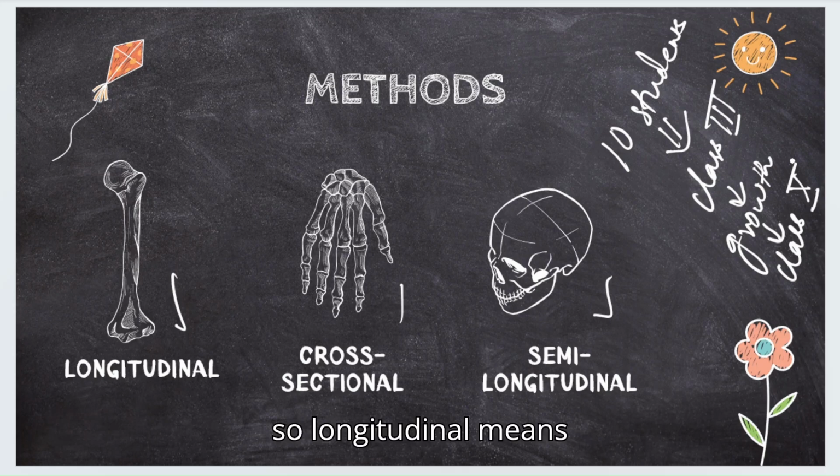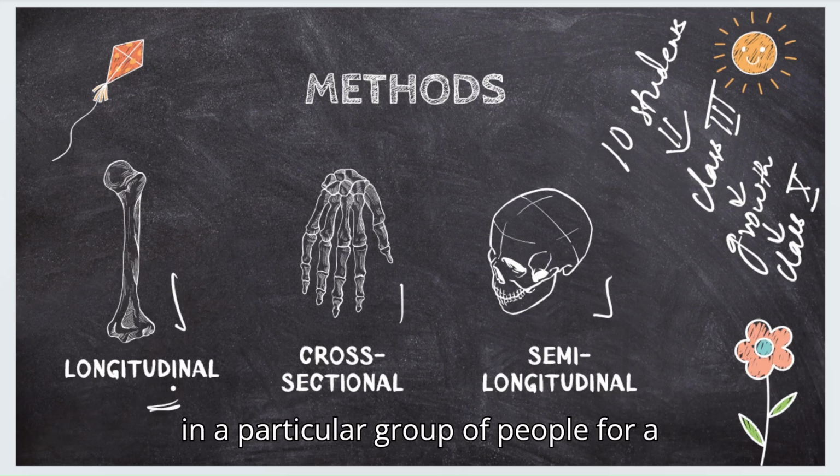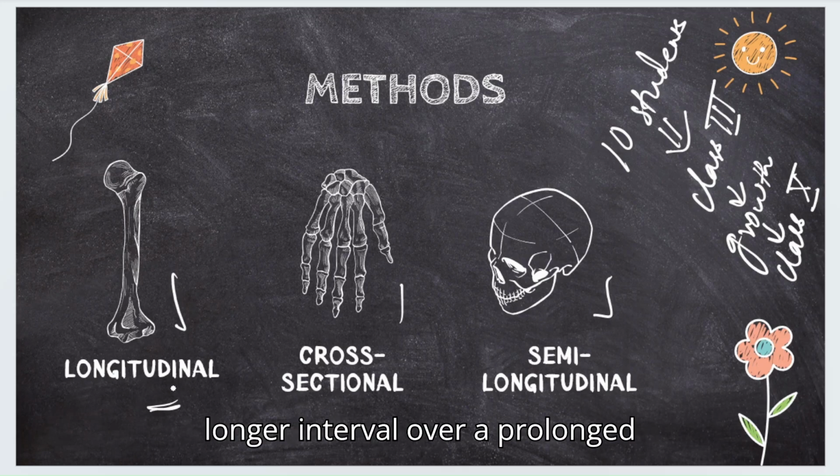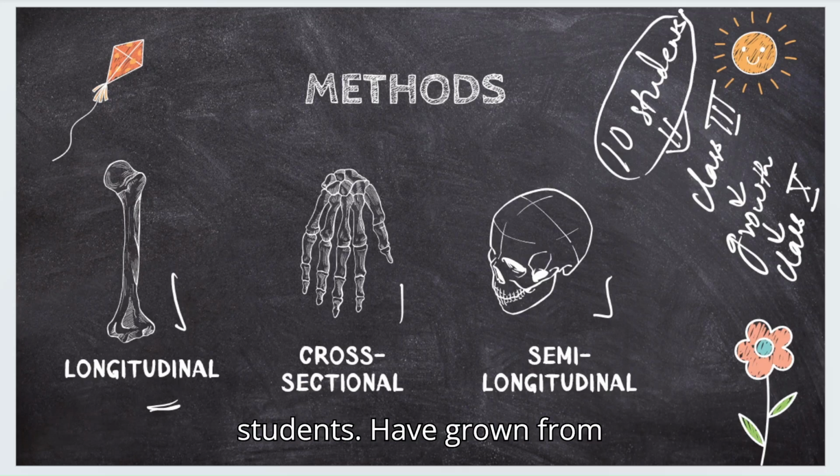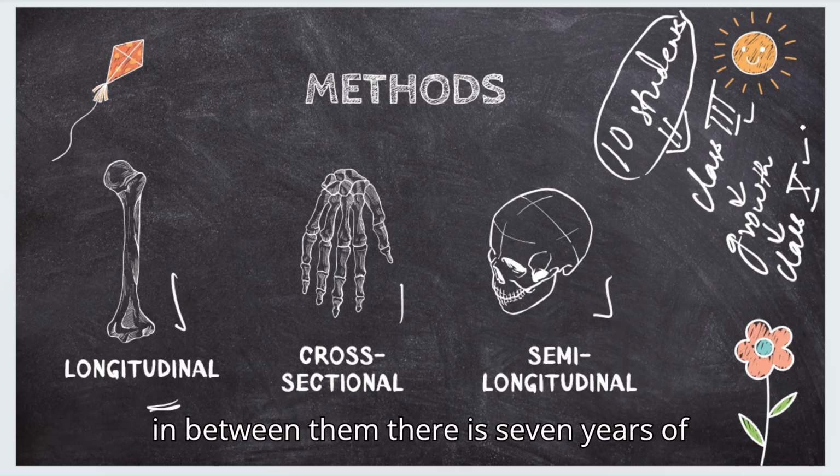Longitudinal means observation or methods that are seen in a particular group of people over a prolonged period of time. It means I have to check how much those 10 students have grown from class 3 to class 10th. So in between them there is 7 years of difference.